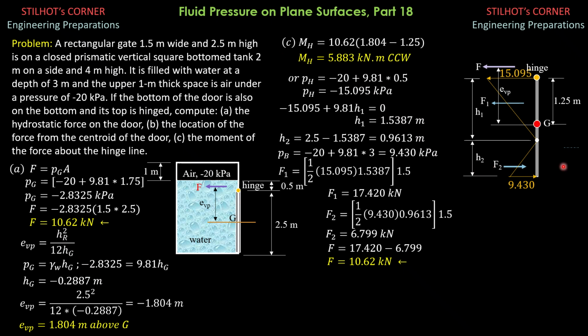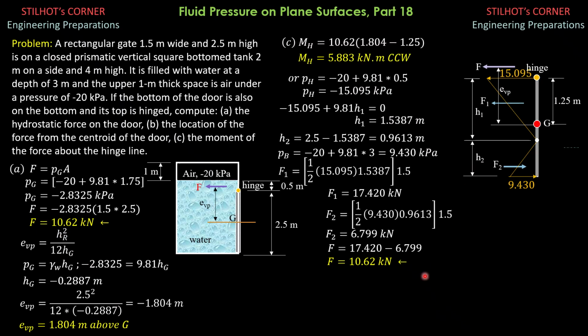The moment arm of F2 is H1 plus 2/3 of H2, that's the moment arm from the hinge line, then minus F1, because the moment of F1 is clockwise. F1 times, of course, this distance, is 1/3 of H1.